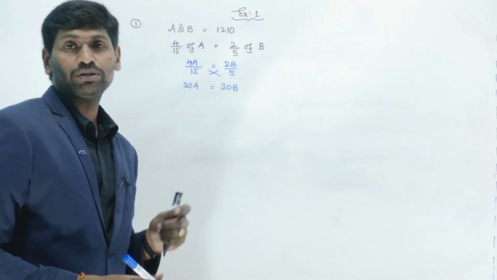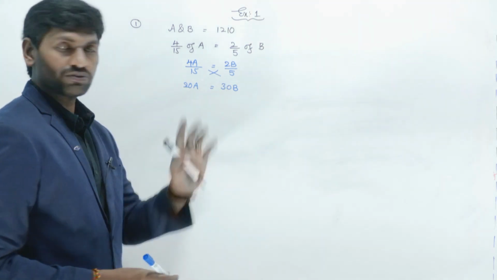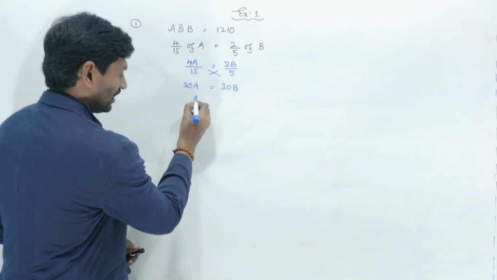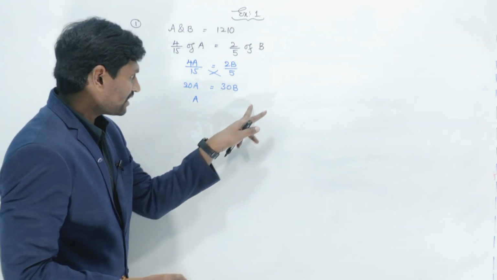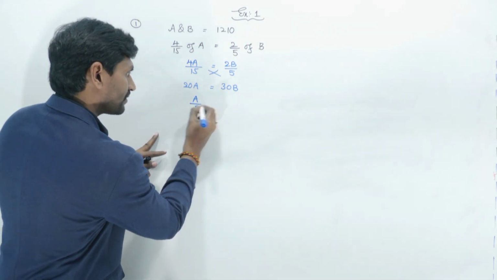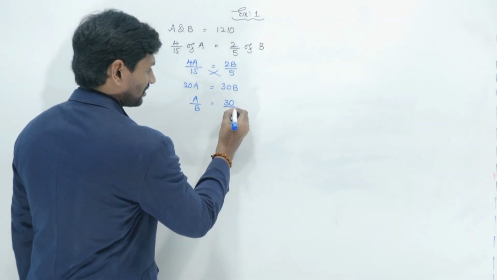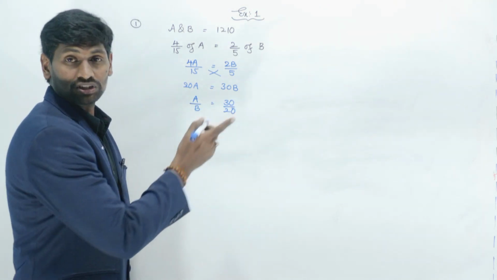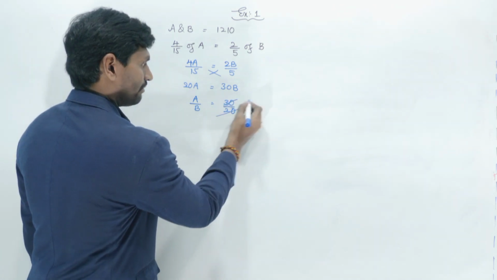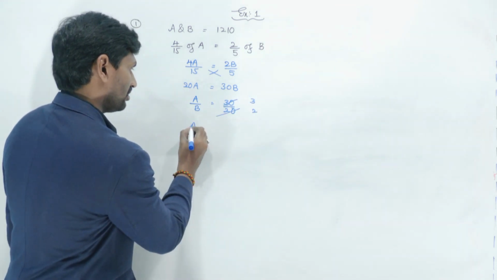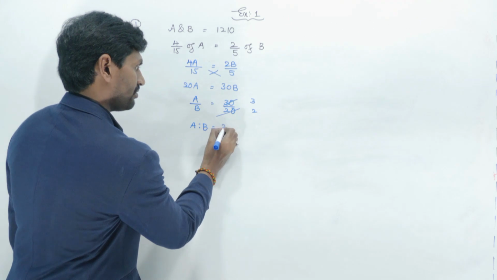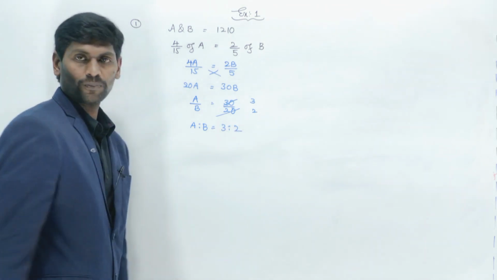Bring all the variables to one side, numericals to the other. When you transpose, B is divided, and 20 is transposed and divided. Cancelling by 10, 3 times, 2 times. So A is to B equals 3 is to 2.